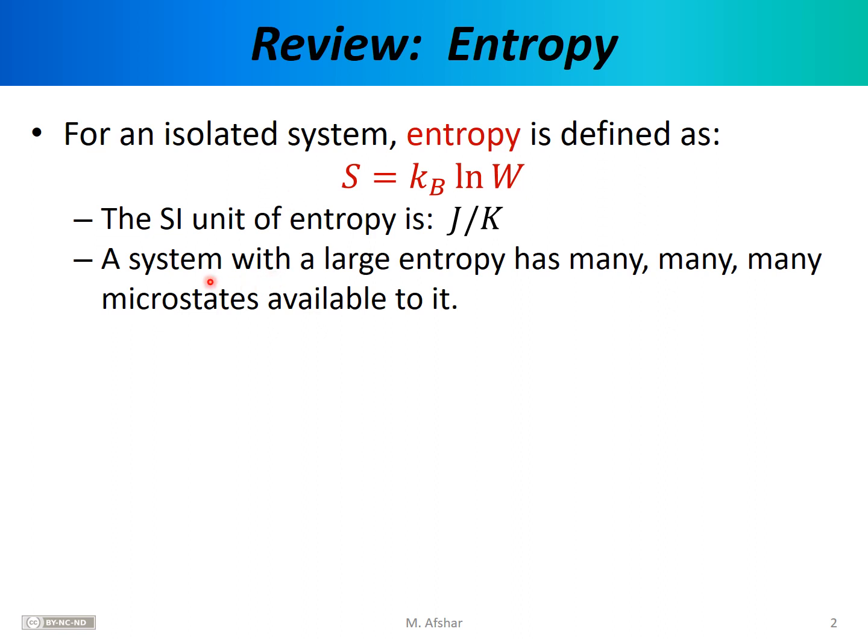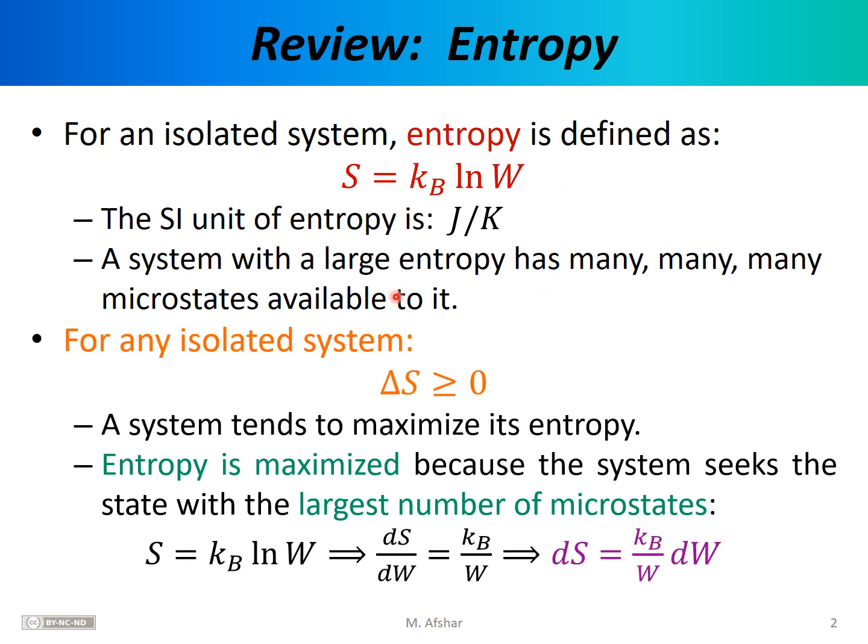When we say that a system has a large entropy, what we're really saying is that it has many microstates that are available to it. The reason I say many is because when you take the natural log of a number, you get a much smaller number. So if S is already a large number, then W must be a tremendously enormous number.